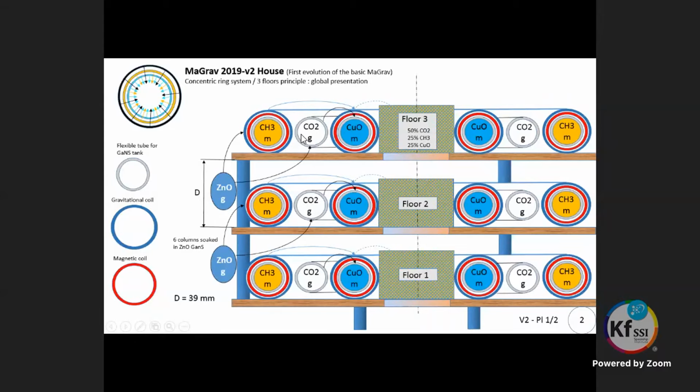In the coils and between the coils. CH3 in the coil, CO2 between the coils, CO2 in the small ring of coil. CO2 inside, CO2 between.